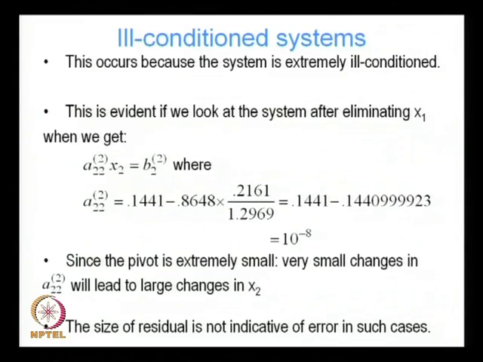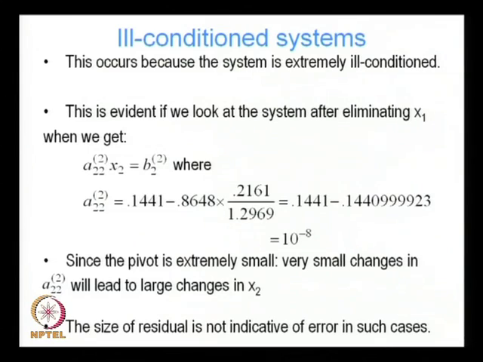Since the pivot is extremely small, very small changes in a22 will lead to large changes in x2. So, basically my solution for this system by Gaussian elimination is going to be arbitrary. Minor perturbations will give very large differences in the solution.